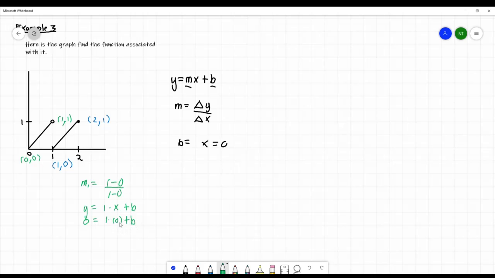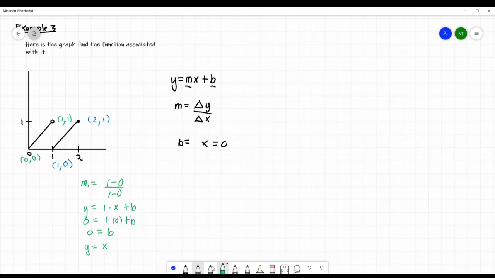This solves to 0 is equal to b. So we found the equation of the first line, guys. It is y is equal to mx, which is 1 times x, or just x, plus b, which is 0, which we won't write.